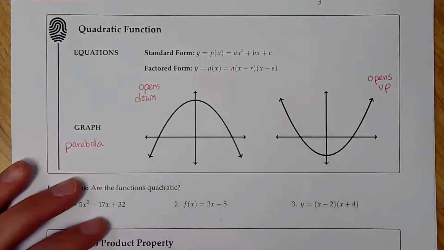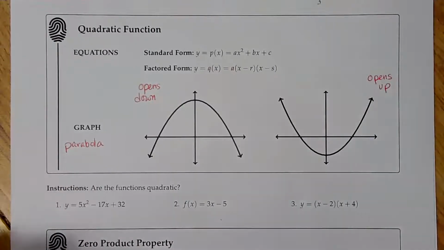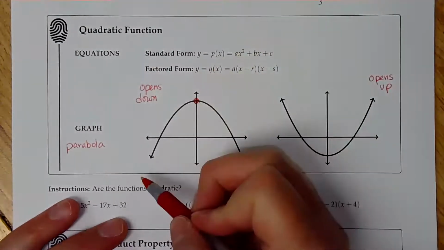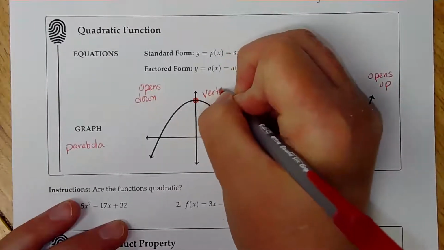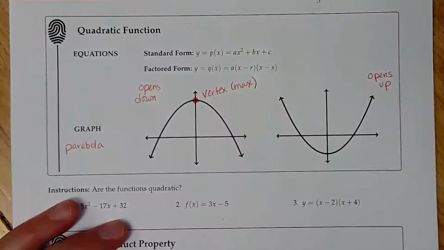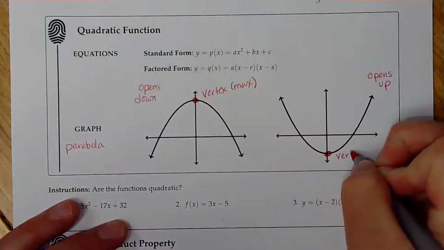But we're just going to do up and down with y as a function of x. This part here where your parabola turns around, so first it's increasing and then decreasing. This is the vertex. And on a parabola that opens down, your vertex is a max. And on a parabola that opens up, your vertex is a min.